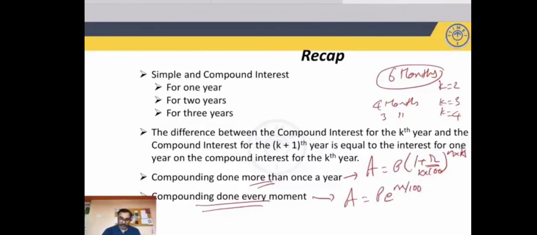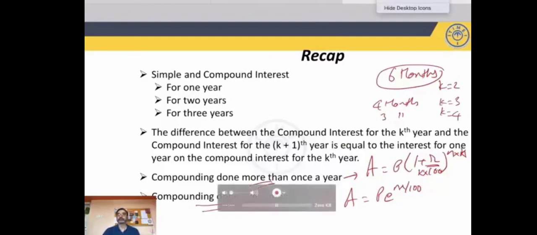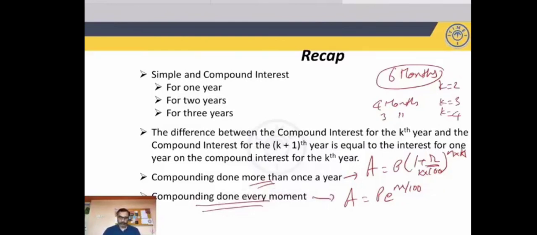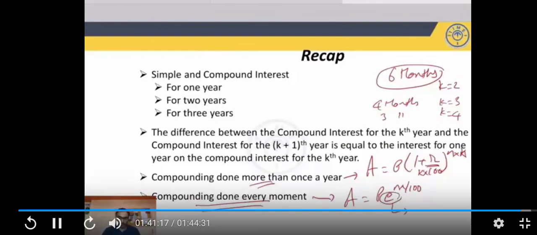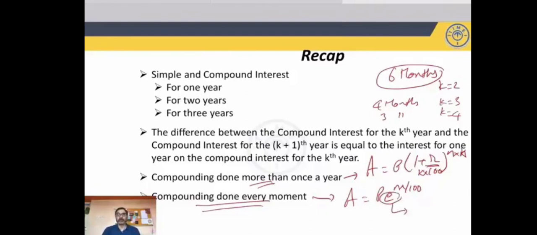What is the value of e? e is a constant. Normally the value of e is given in the problem. So the formula is A equals P into e power NR by 100, where N is the number of years, R is the rate of interest, and P is the principal.